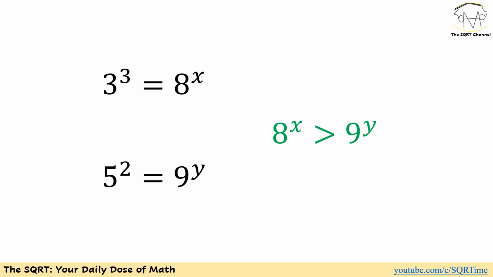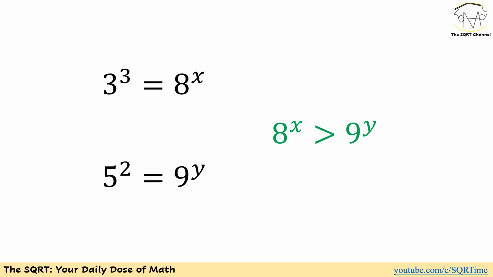Now we have something interesting. We have 3 to the power of 3 is equal to 8 to the power of x, and 5 to the power of 2 is equal to 9 to the power of y. 3 to the power of 3 is basically 27, and 5 to the power of 2 is basically 25. 27 is greater than 25, so 8 to the power of x is greater than 9 to the power of y.